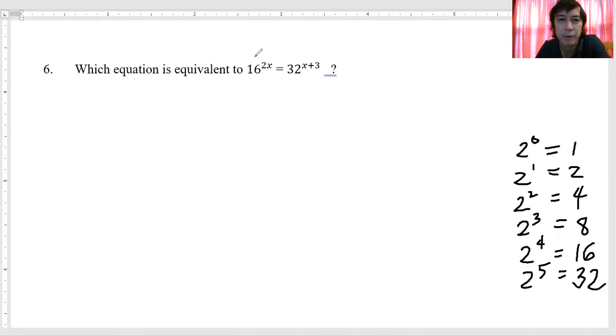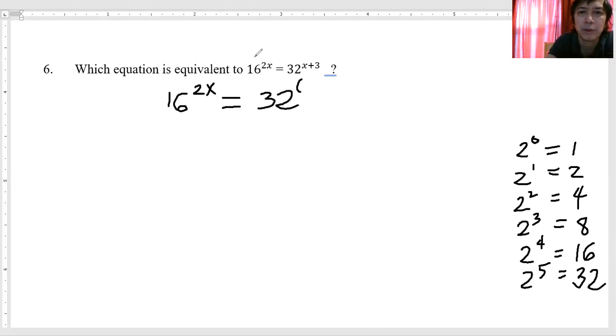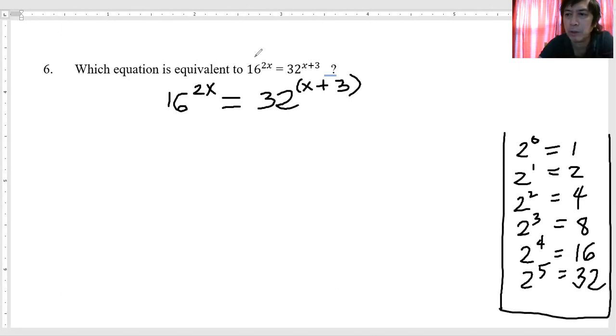So we can write 16 raised to 2x equal to 32 raised to x plus 3. Replace now the 16 with 2 to the 4, which you can see in the table on the right side.